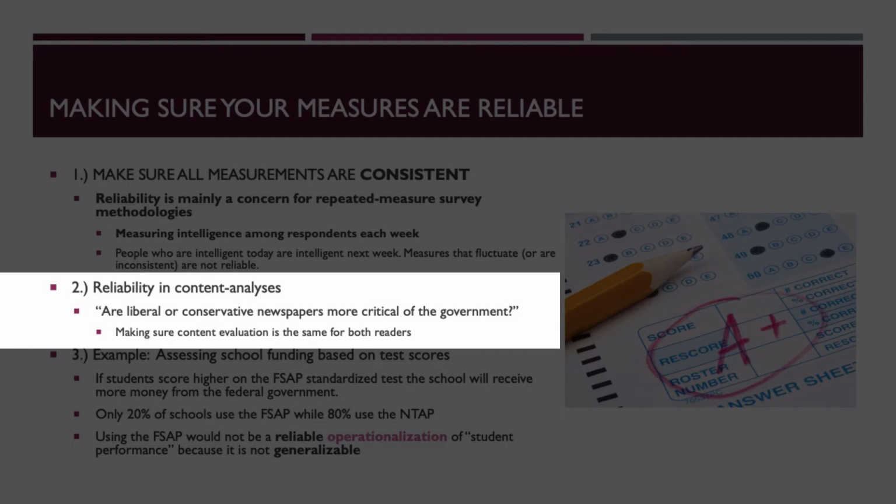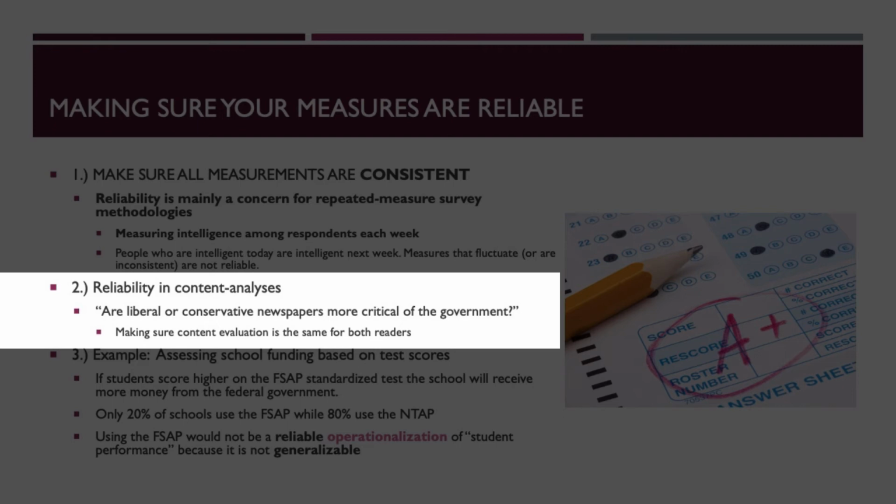Well, we would have to make sure that our bias was not influencing how we evaluated that content in the first place. So if you are a conservative and you are reading liberal accounts of the government, you might unintentionally evaluate those sources a little bit more critically because you disagree with them, right? These are just some inherent biases that can occur when we're doing content analyses.